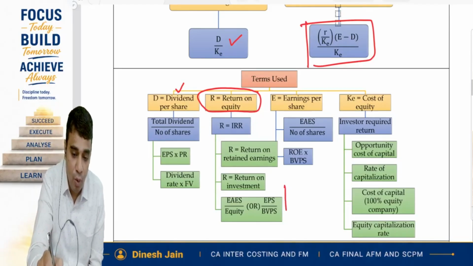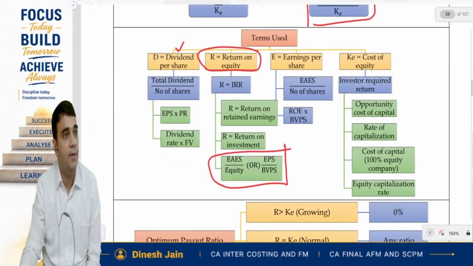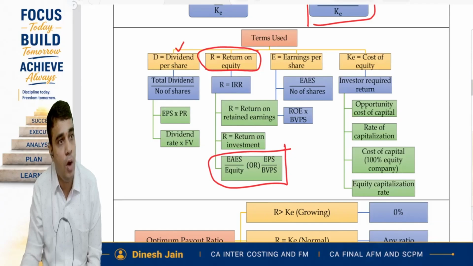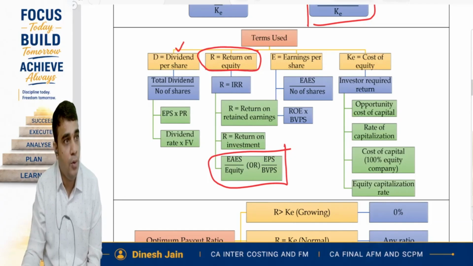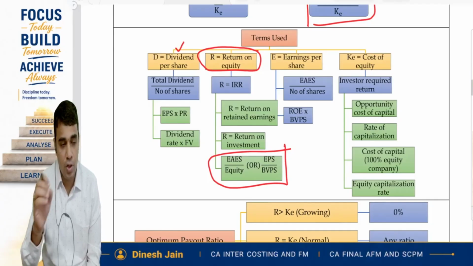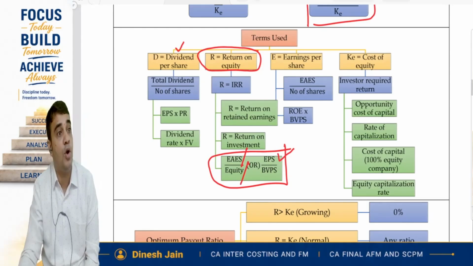If they don't give the value, this is the formula: EAES divided by amount of equity. Not sure you'll remember this, but EAES divided by number of equity shares gives EPS. Equity divided by number of equity shares gives book value per share.